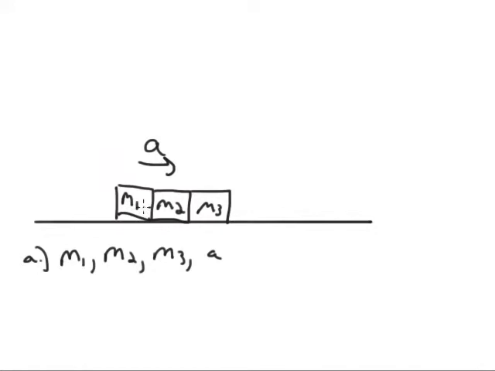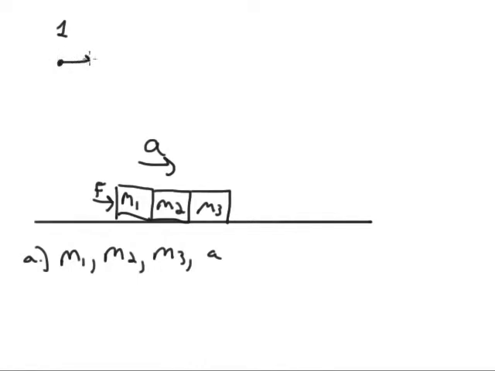So for these masses to be accelerating to the right, there needs to be a force applied somewhere. Let's say that it is on the left mass. So there's going to be some force, capital F. For mass 1, we'll treat it as a point mass.